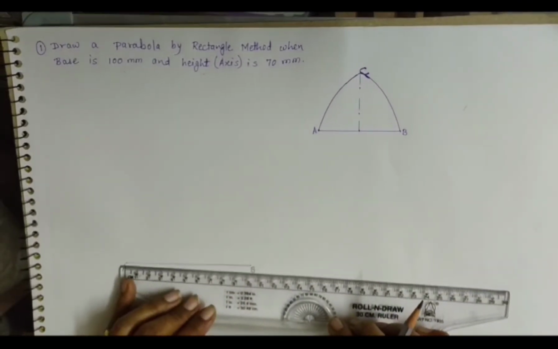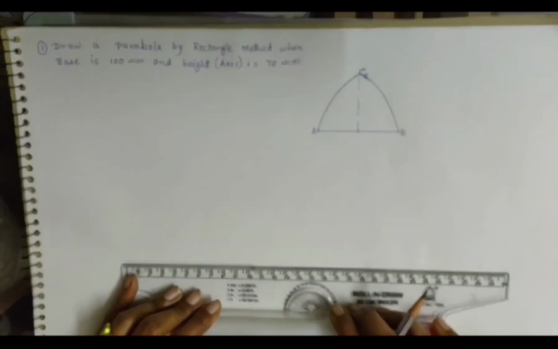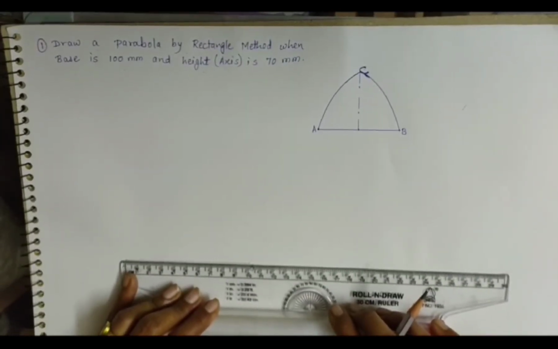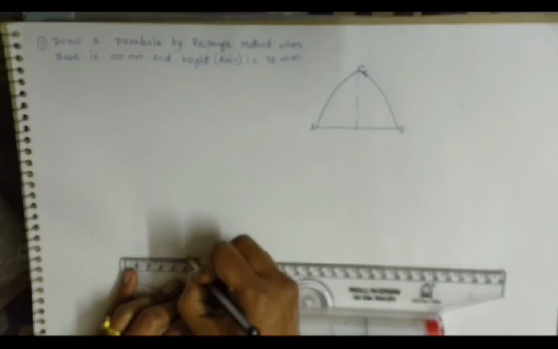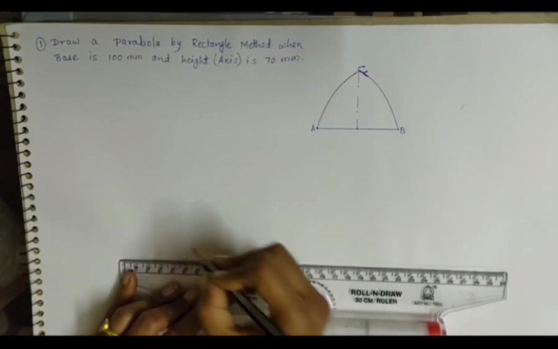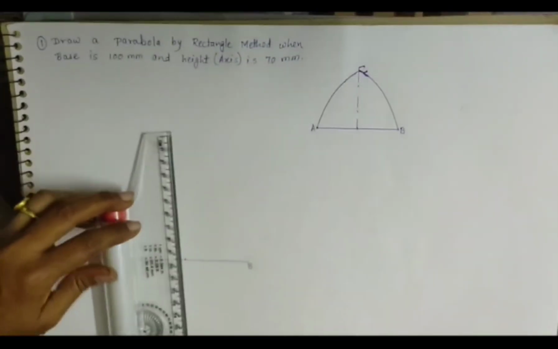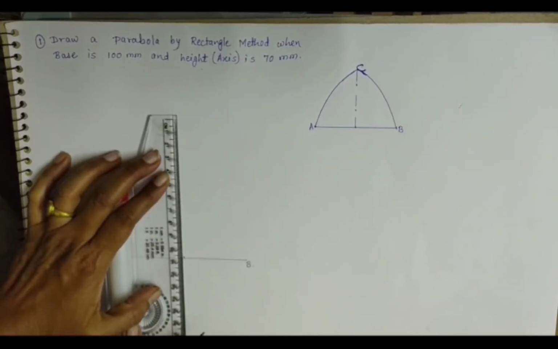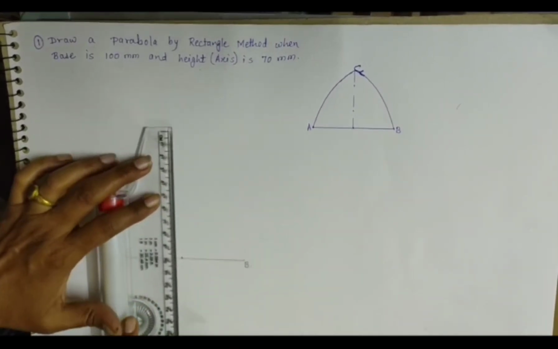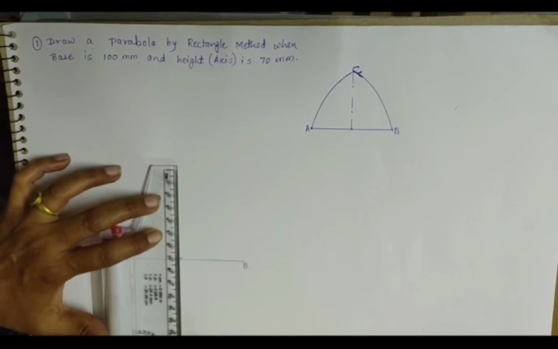Then we will take the middle point of it, which will be at 5 centimeter. Now we will draw the axis height, which is given as 7 centimeter. 70 mm means 7 centimeter.